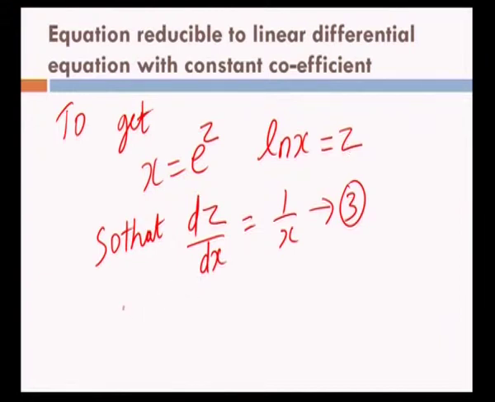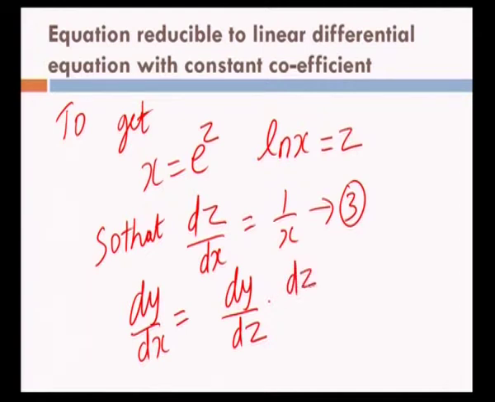Now, using chain rule for differentiation, we obtain dy by dx is equal to dy by dz into dz by dx, which is equal to 1 by x into dy by dz. So, instead of dy by dx, you can substitute 1 by x into dy by dz.